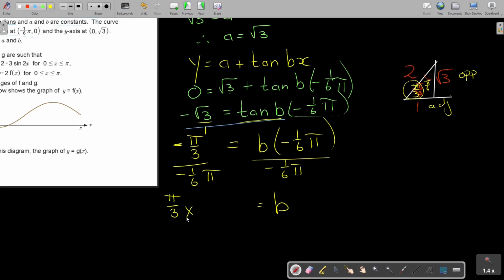Remember, this is actually pi over 6. So if I take the reciprocal, it's 6 over pi. I can still go with the negatives and then get it out now. A negative times a negative is a positive. So this cancel, and this is just going to become 2. So I got that the value of B will be what? It will be 2. And that's how I did number 2.